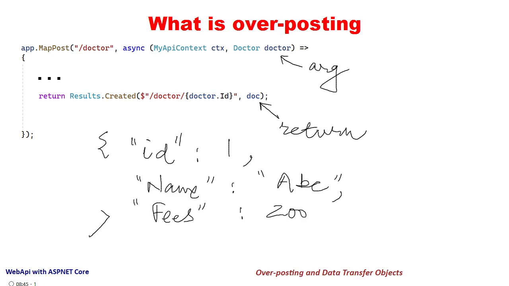So every public property of a model is exposed in this communication. I say every public property. The entire object is shuttled between a client and a server, even if a small subset is relevant. This is called overposting, when you are sending the entire thing instead of just the required part.